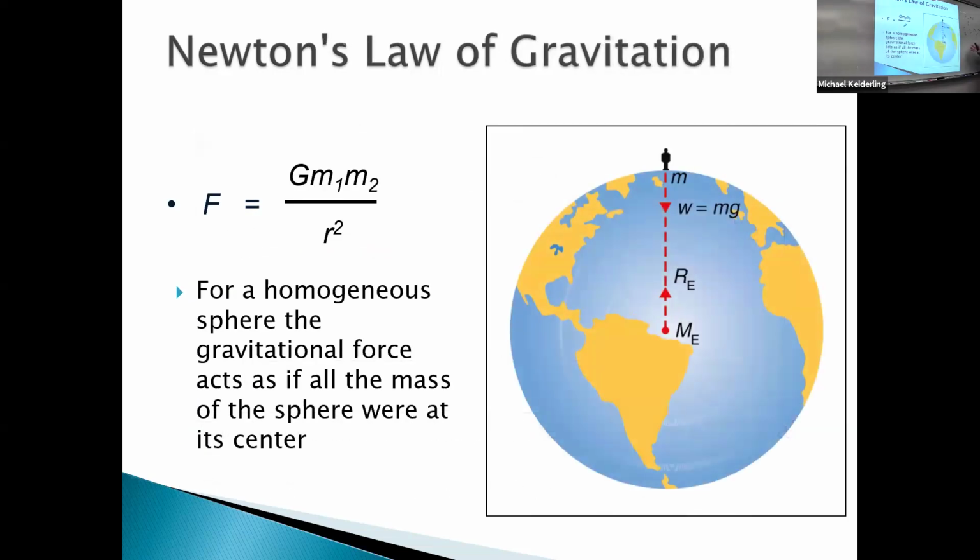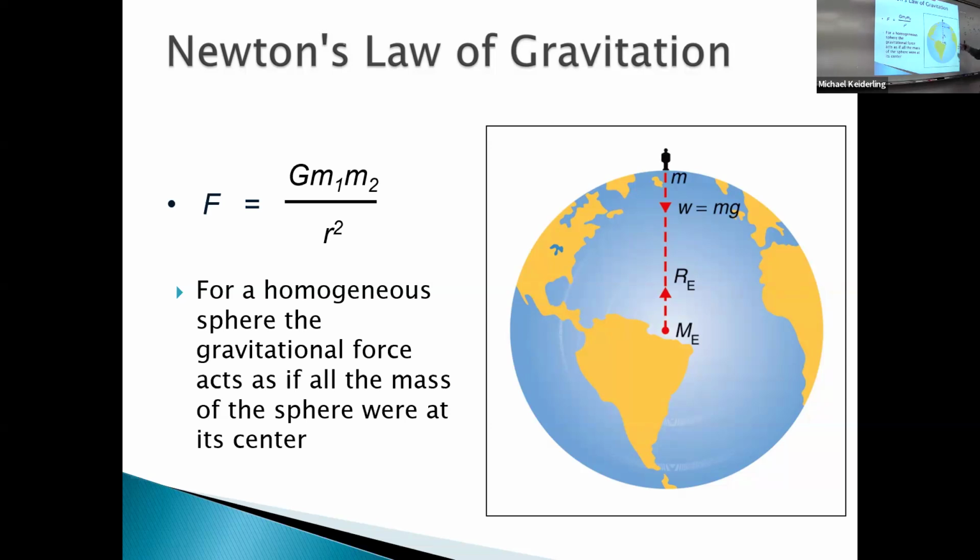And for a homogeneous sphere, or actually it's a little better than that, it works for any sphere that has the right kind of symmetry, the gravitational force acts as if all the mass of the sphere were at the center.